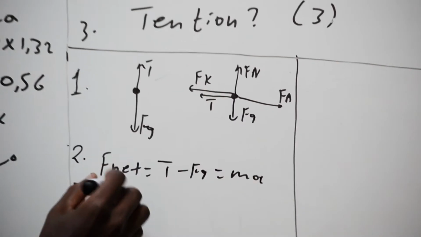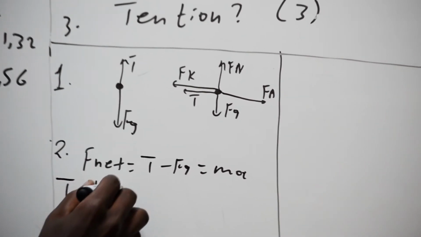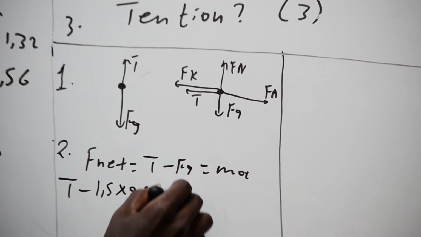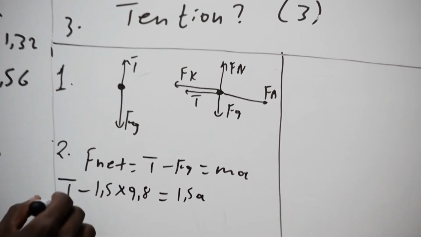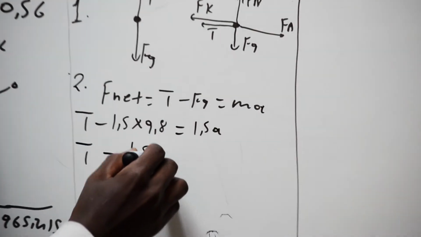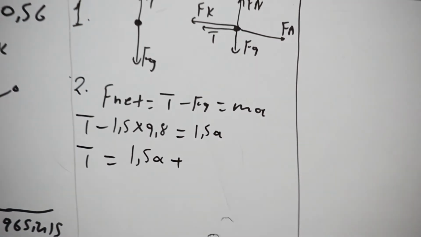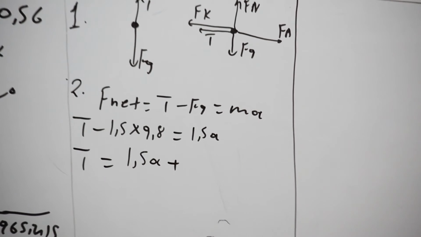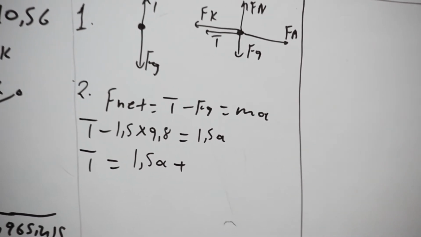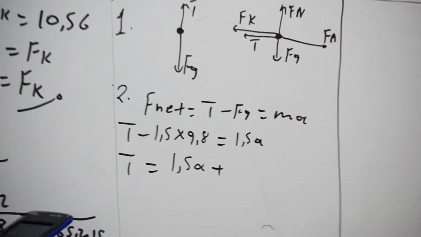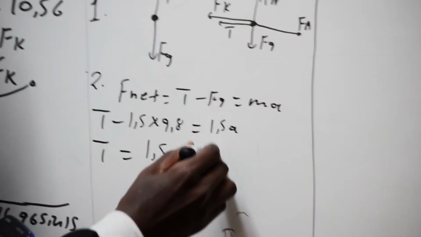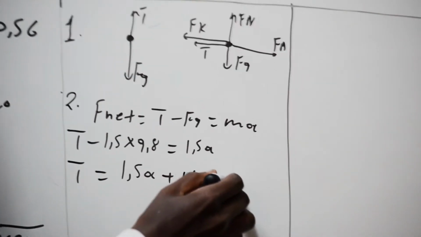So we have tension minus 1.5 times 9.8 equal to 1.5a. So your tension equals 1.5a plus 1.5 times 9.8. 1.5 times 9.8, what's the value? 14.7. So I'll have 14.7 here. That is my equation 1.